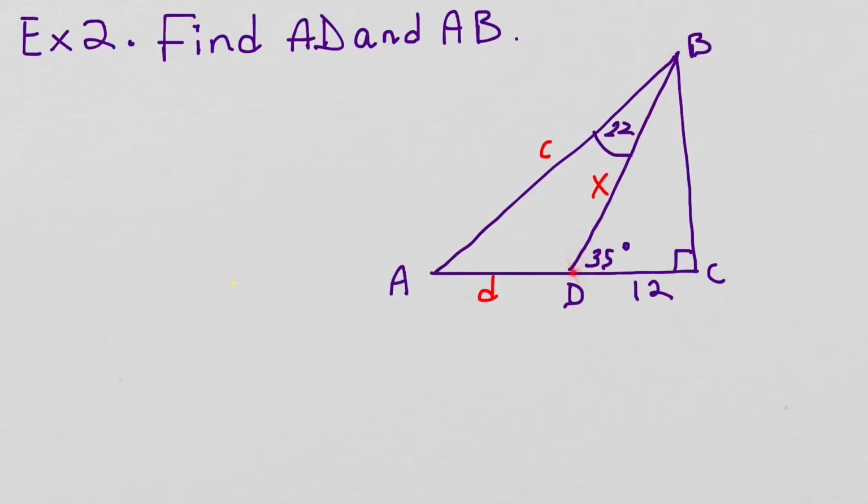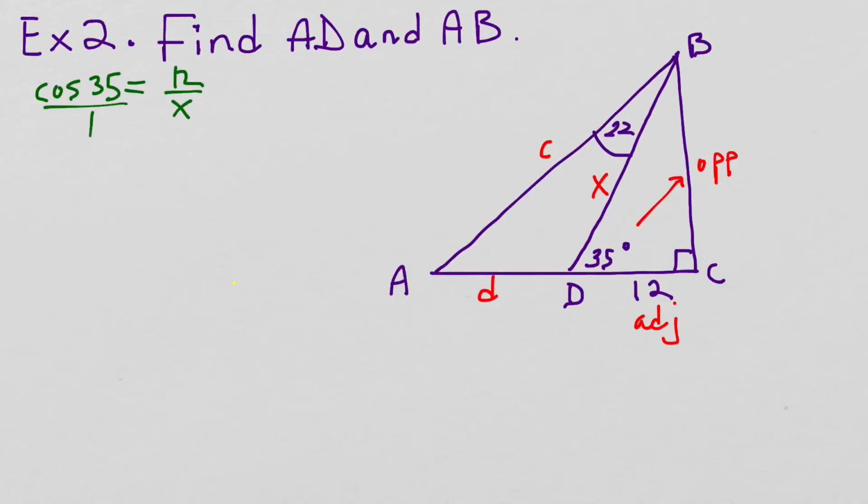So in order to find x, this is the hypotenuse of this right triangle. I've got that 35-degree angle there, which would make this the opposite, this the adjacent, and x the hypotenuse. I'm working with adjacent, where my number is 12, and hypotenuse x. So the cosine of 35 is equal to 12 over x.